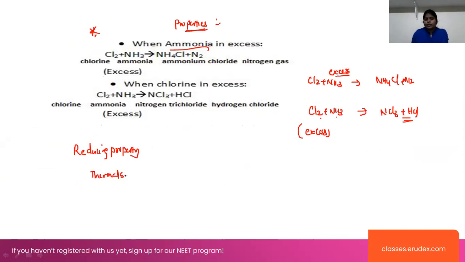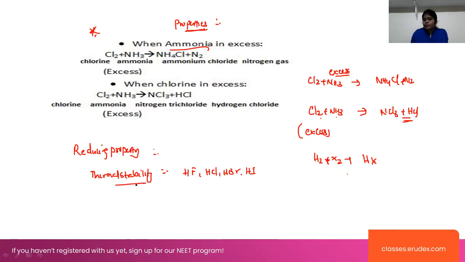This is most important here, thermal stability. Whenever hydrogen reacts with the halogens, it gives the hydrogen halides: HF, HCl, HBr, and HI.